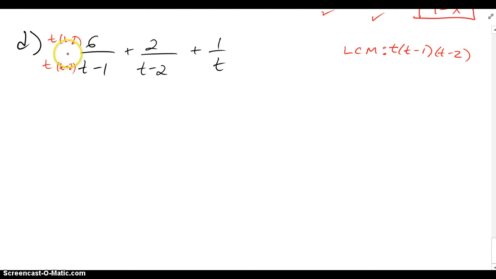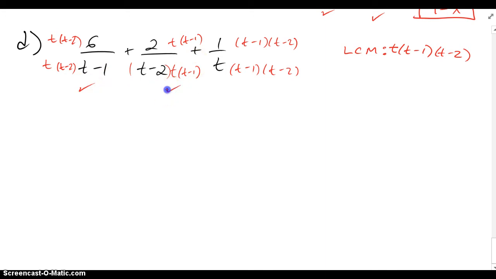So I need to multiply by 2 missing items. Same thing here. I need to multiply top and bottom by t, and also with the t minus 1. Last one is missing the 2 binomials, t minus 1, t minus 2 on top, t minus 1, t minus 2 in the bottom. So it's a little bit busy because each term was missing more than 1 item.